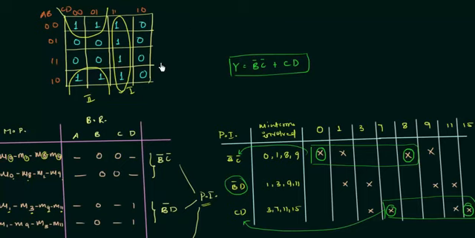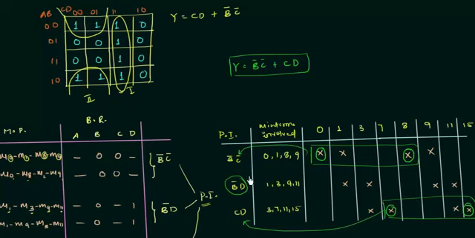So these are our essential prime implicants, and let's write down the minimized value for the first group. You can see we have CD, or for the second group we have B complement, and you can see we have C complement. So from K-map also we got the same answer.